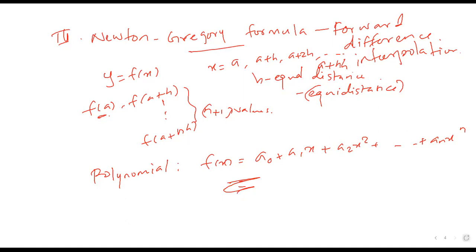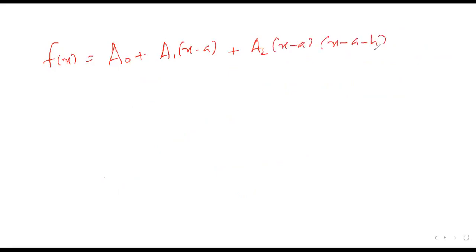So they are assuming a polynomial of nth degree. This is also a polynomial, I'll show you. For example, if they assume f(x) in this way: a naught, plus a1 times (x minus a), plus a2 times (x minus a) times (x minus a minus h).